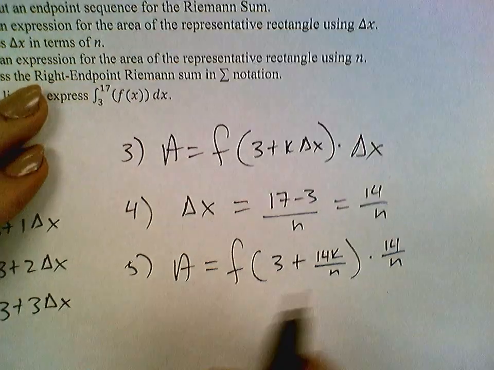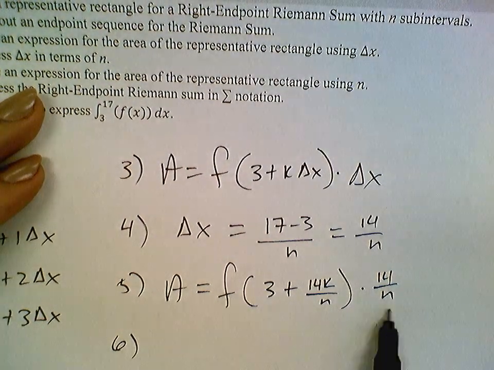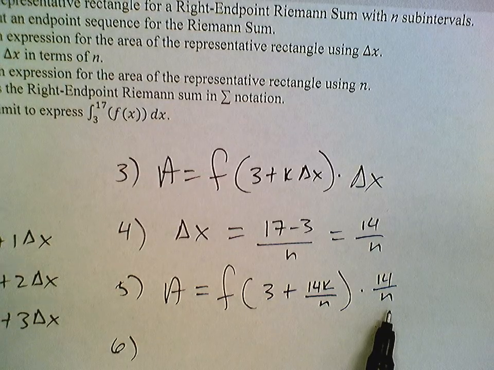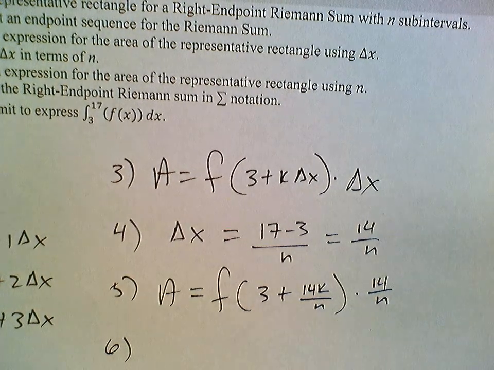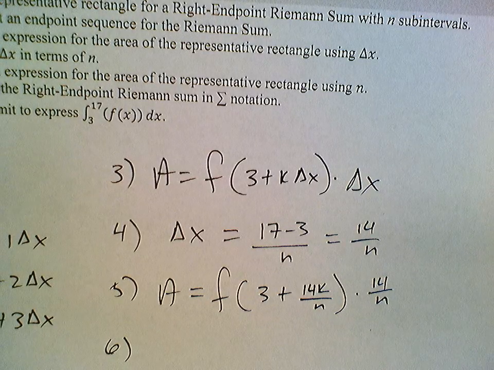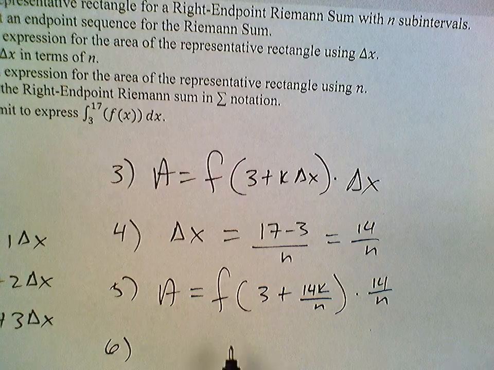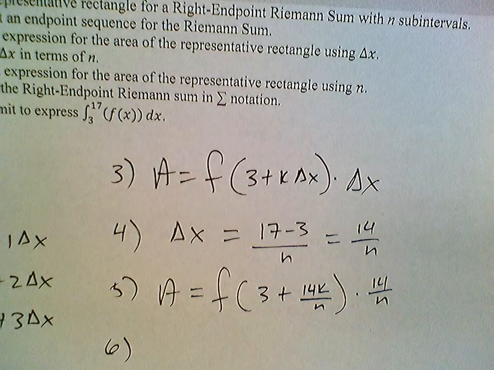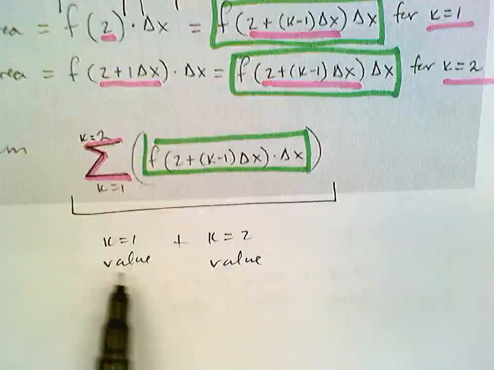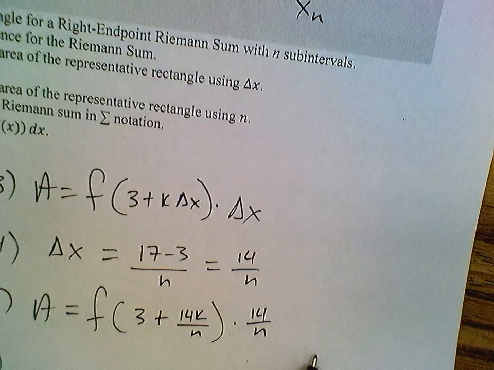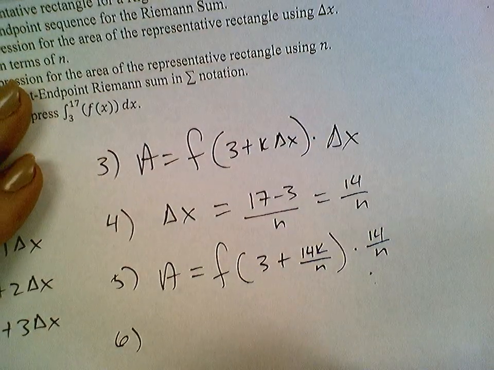And then you've got to add all these up. So these are the areas of all of the n rectangles, but for different values of k. So refer back to this.